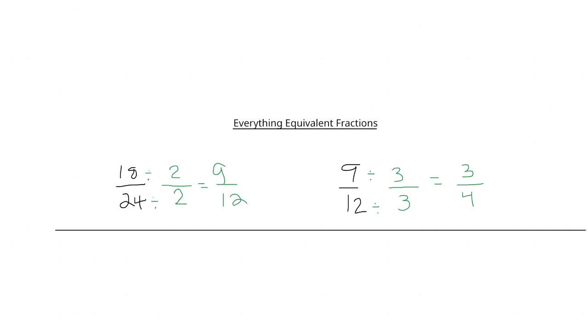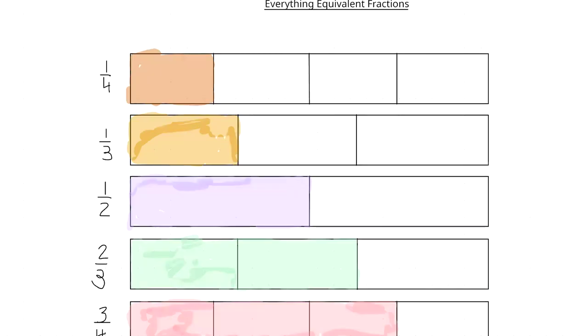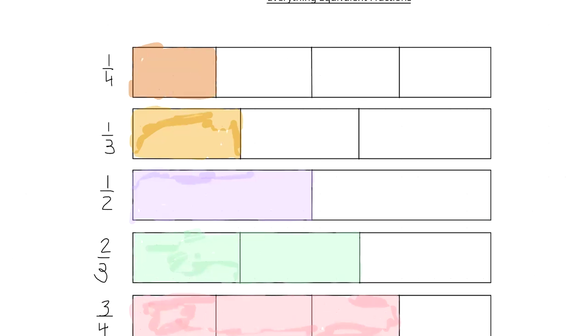Now, here we have something very important. These are called benchmark fractions. You just need to memorize them. You need to know how they look. This is how 1/4 looks. 1/3 looks like that. 1/2 looks like that. 2/3 looks like that. Do whatever you have to do. Make a song about it. 3/4 looks like this.